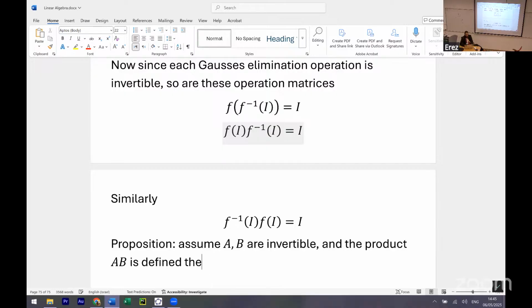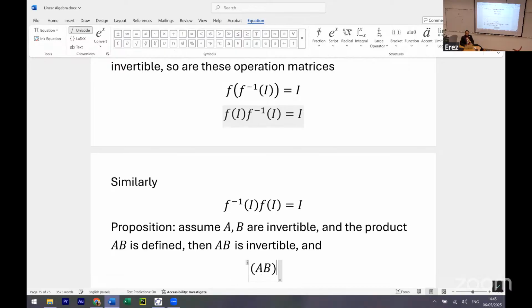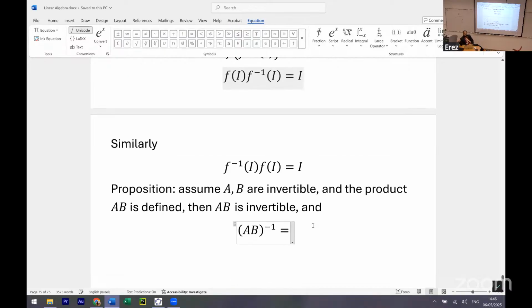Then the product AB is invertible. The product of two invertible matrices is invertible. And what is the inverse? That in itself is rather interesting. What is the inverse of A times B? The inverse of A times the inverse of B.